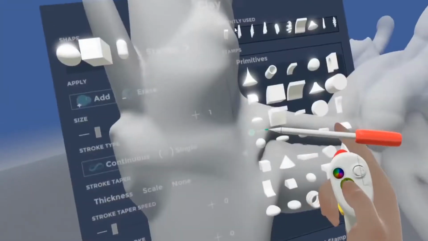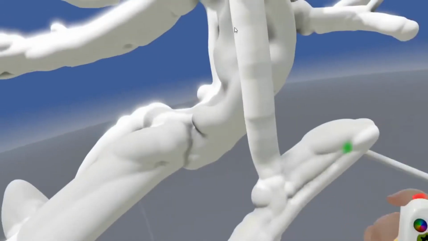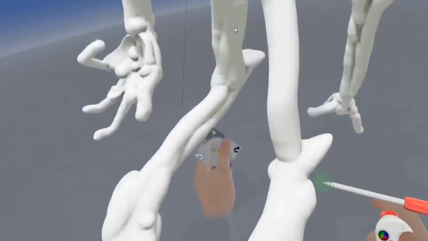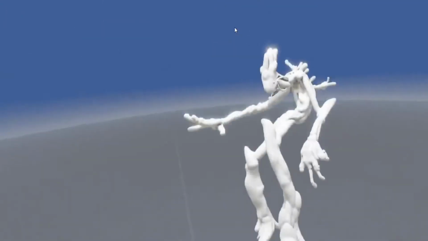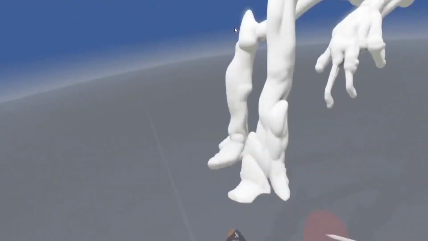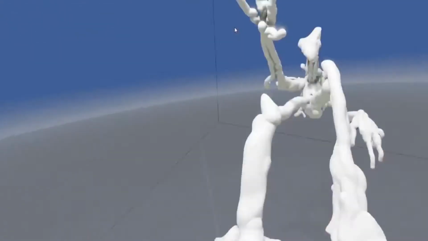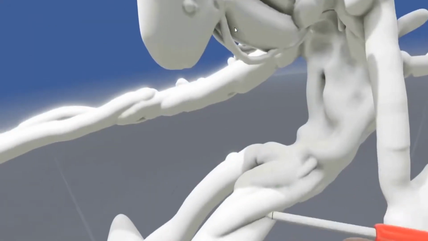This is one of the most fun and enjoyable sculpting VR can get. I love VR sculpting for its accessibility, its quickness of action, and also its flexibility.